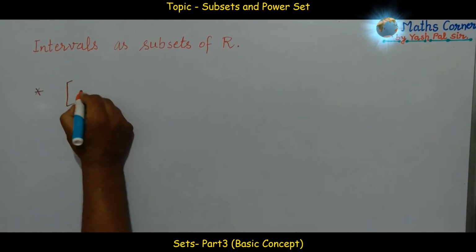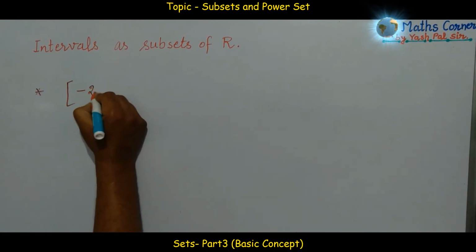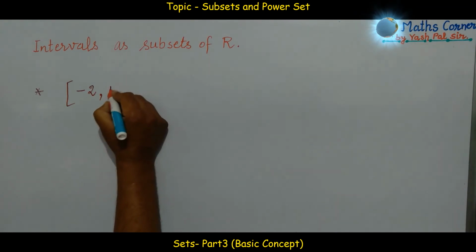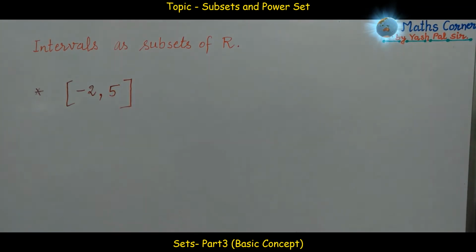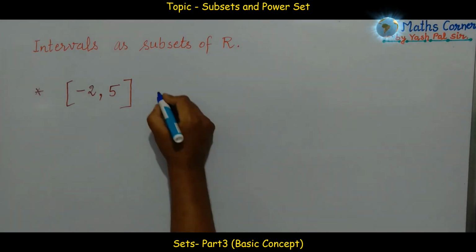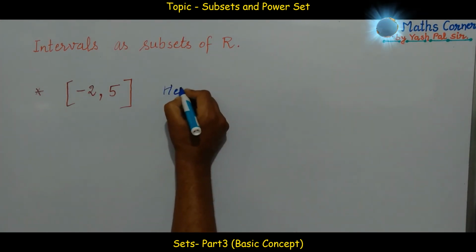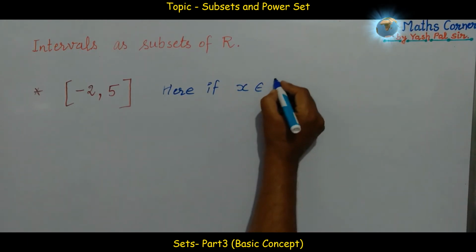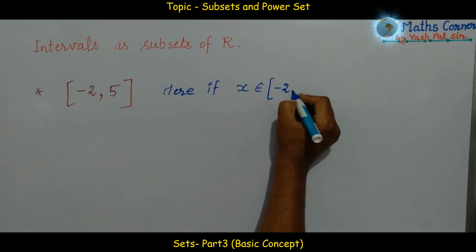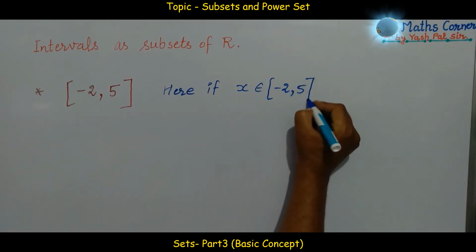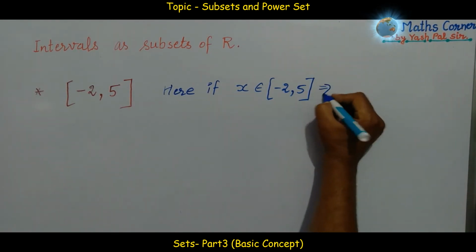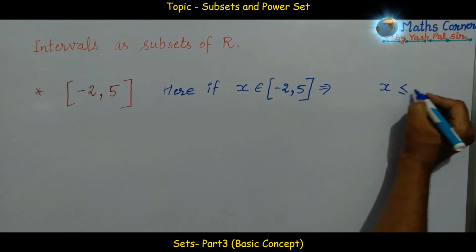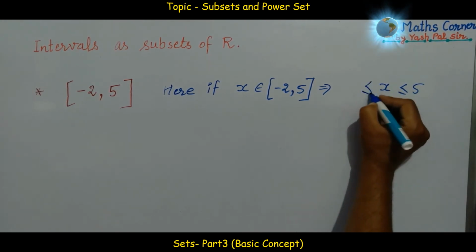Suppose this is minus 2 to 5. Both sides we use closed bracket. So here, what is the conclusion? If x belongs to this bracket, minus 2 to 5, closed on both sides, it means x is less than or equal to 5, greater than or equal to -2.